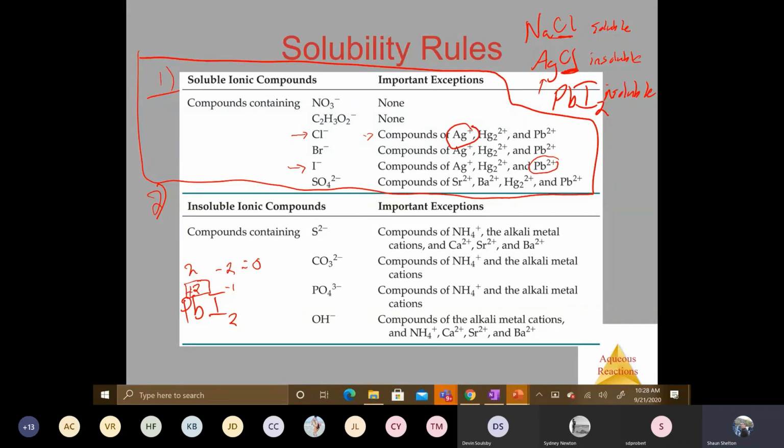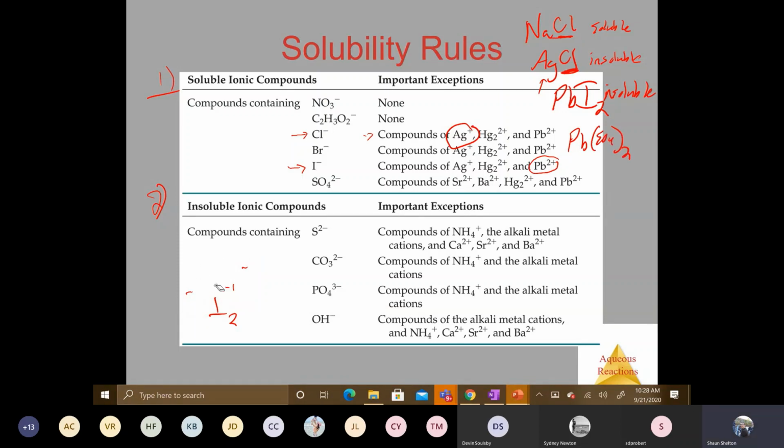I say that because sometimes you're going to get a compound that has the lead. I'll give you an example here. Pb(SO4)2. If I look at this compound, I'm going to work it out down here at the bottom of the page. What I want to figure out is what's the charge on my lead.